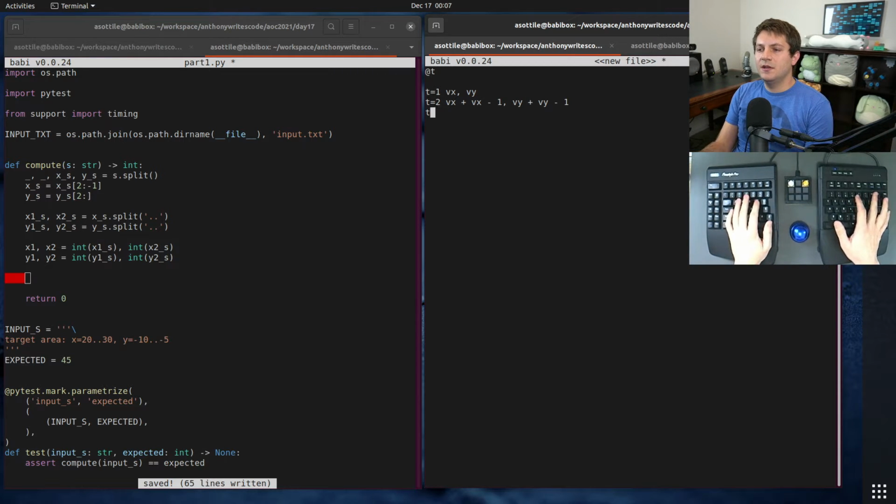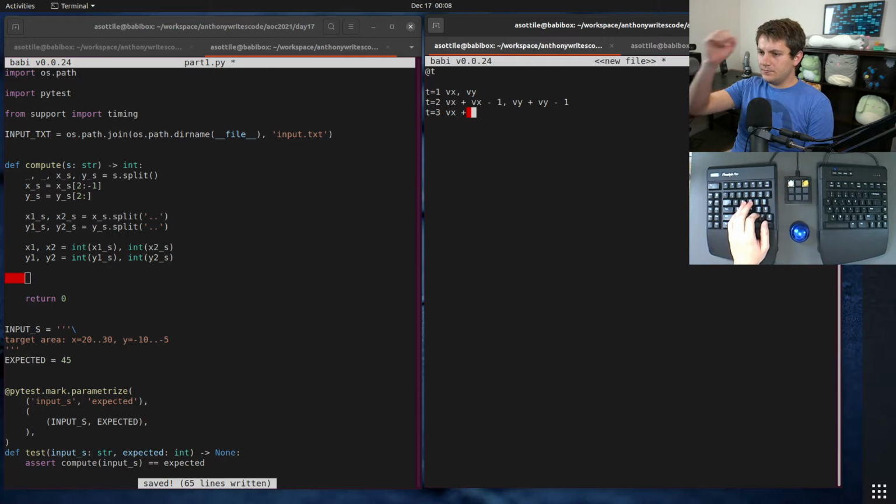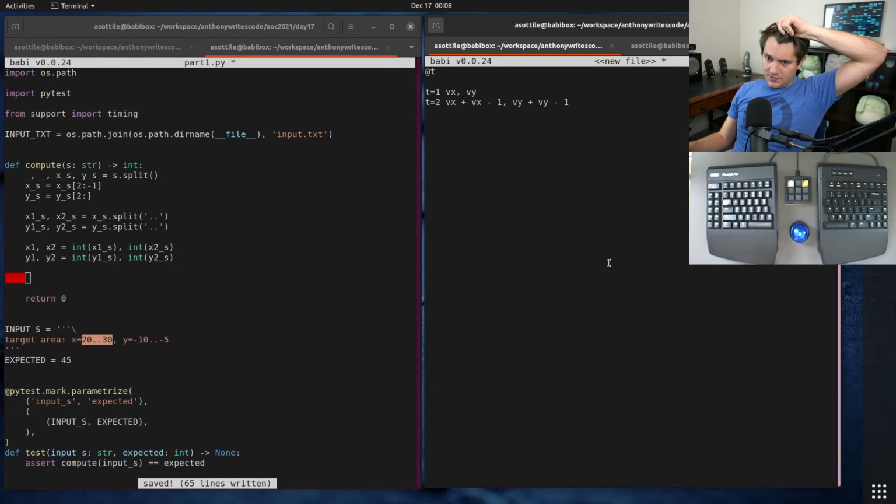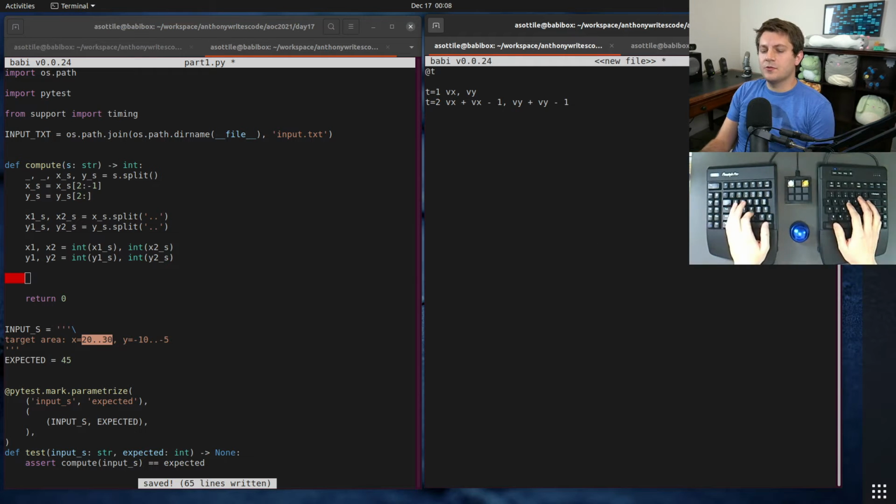So t3 is going to be vx plus... basically, we want to get when x is going to stop. We want x to stop between these two values. So at t, we have vx times vx plus 1 over 2.